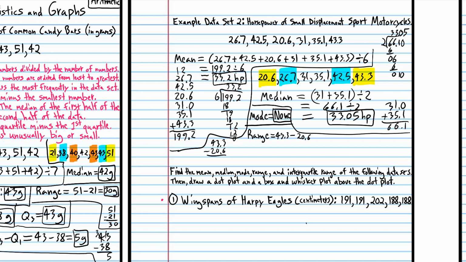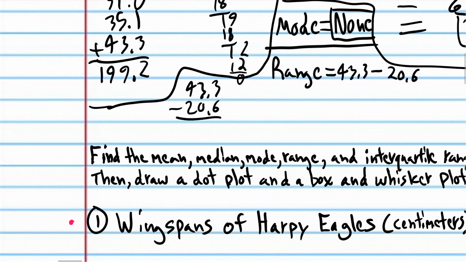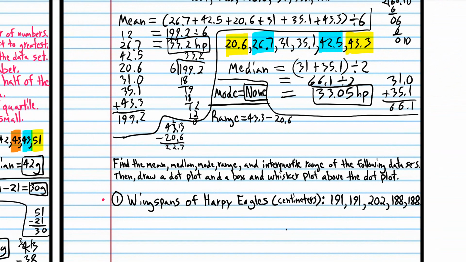We can't subtract 6 from 3. Sorry, this is kind of small. So we borrow from this 3, it becomes a 2, give to that 3, becomes 13. We got 7, 2 minus 0 is 2, 4 minus 2 is 2, bring the decimal straight down. 22.7 horsepower. That is the range of the data.